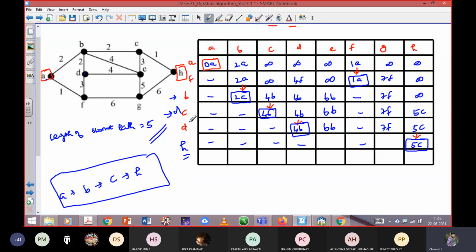Even if you start with D, you would get exactly the same path A, B, C, H. Maybe one or two more rows will be added, because A, B, C, D, E are covered, so E or G may be added as rows. The remaining procedure will be completely the same. You will get the unique answer, the same path A, B, C, H, even by choosing another equal shortest path. Have you got it?